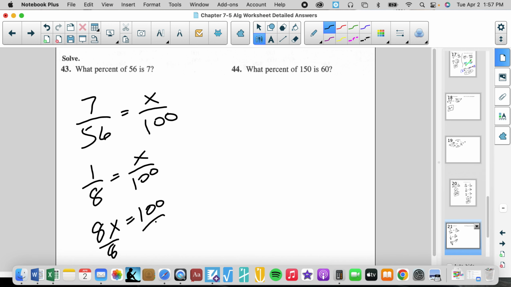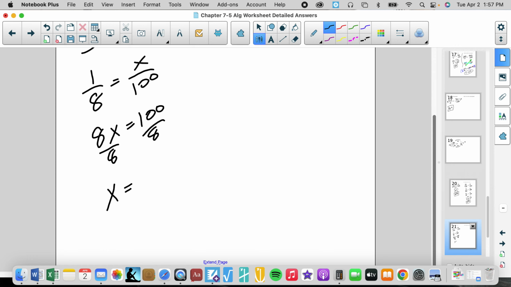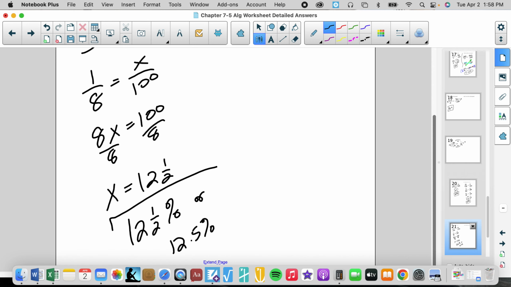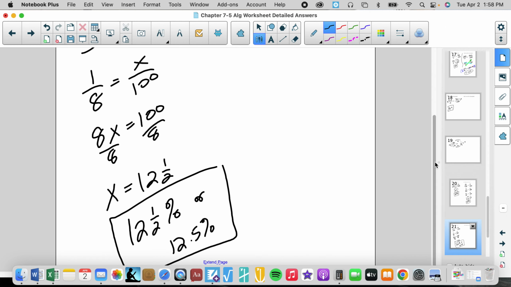Divide by 8, divide by 8, and we get x equals 12.5. Either 12.5% or the fraction, I think that's good, right? 100 divided by 8, 12.5. Yep. Good.